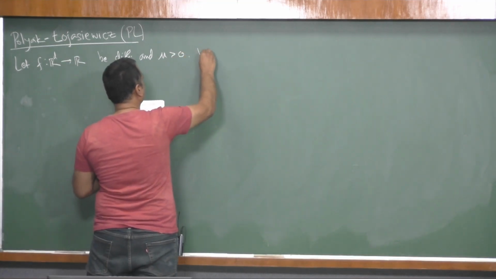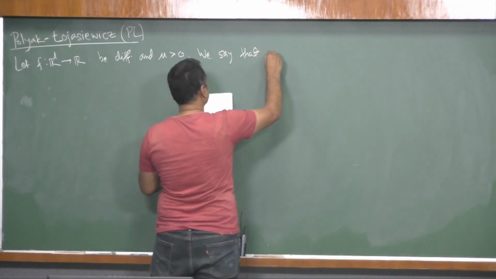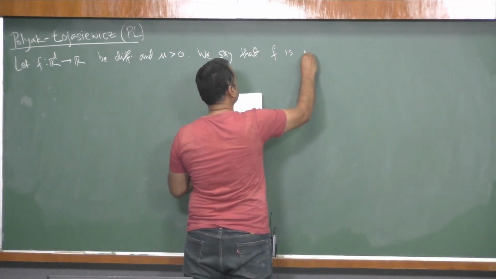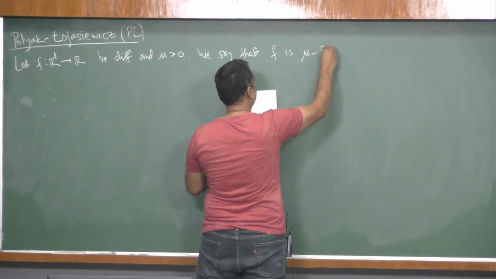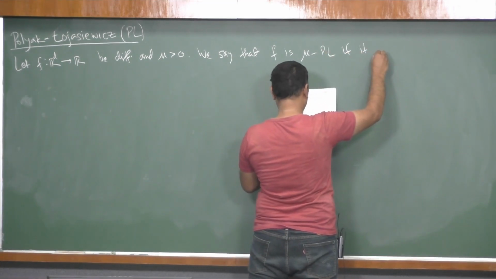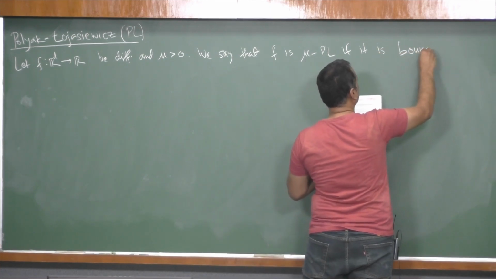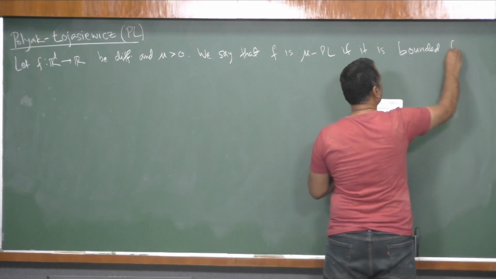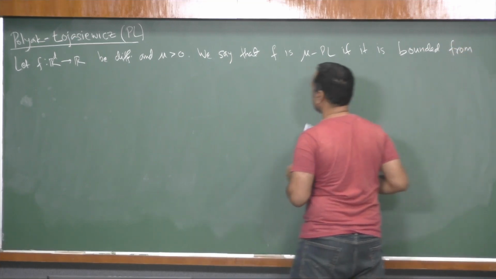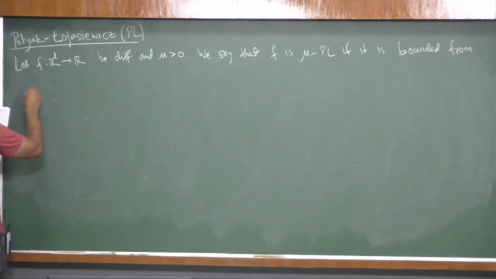We say that f is mu PL if it is bounded from below. The function f is bounded from below. It needs lower boundedness because it compares from the infimum. We will see this.